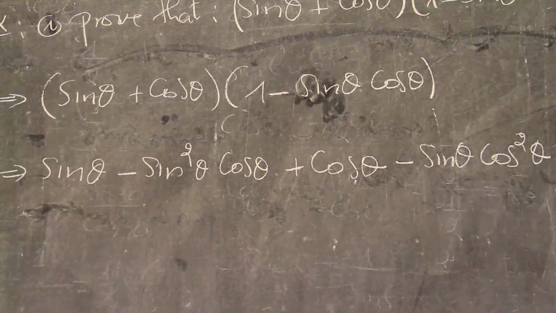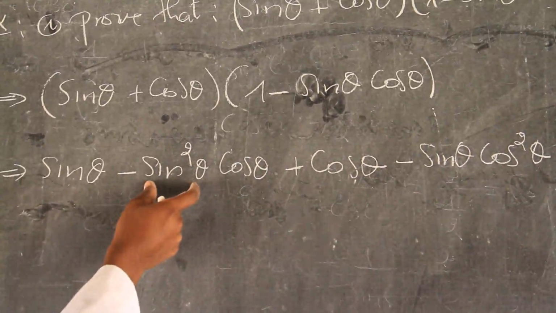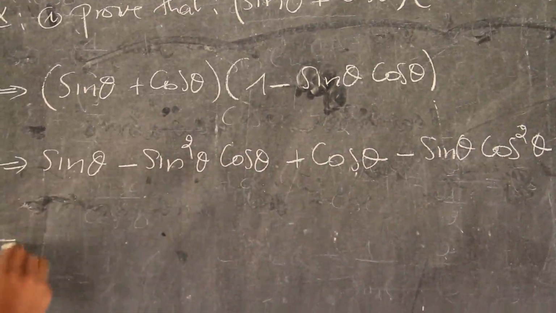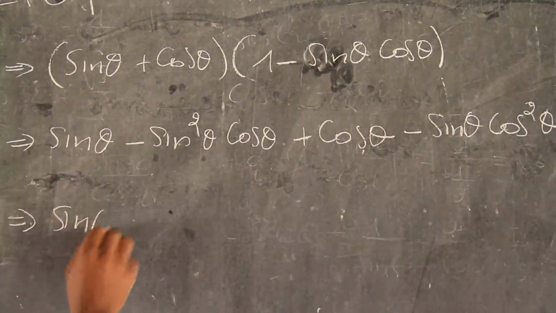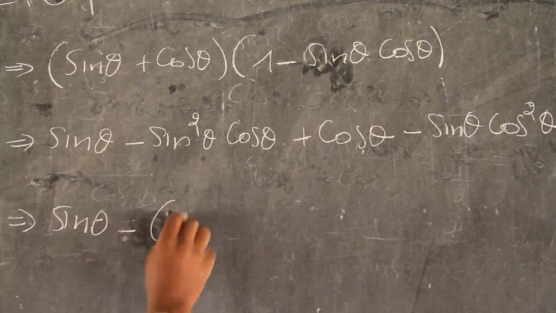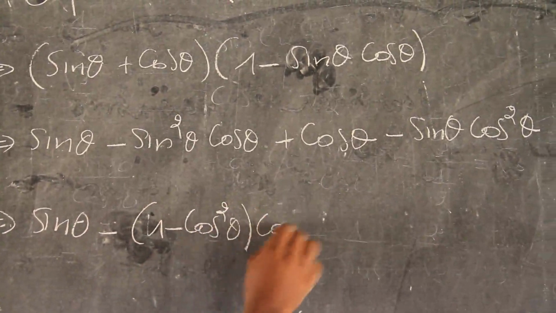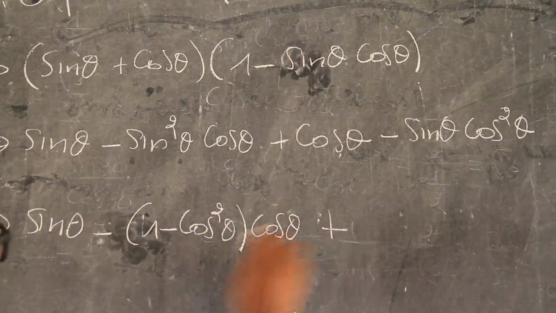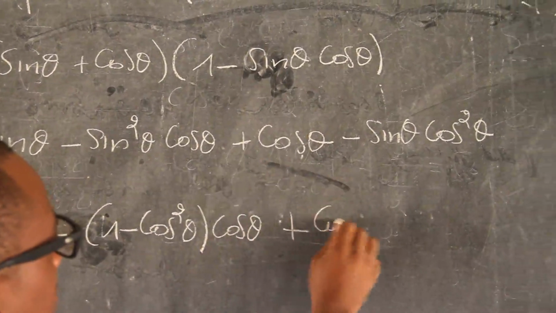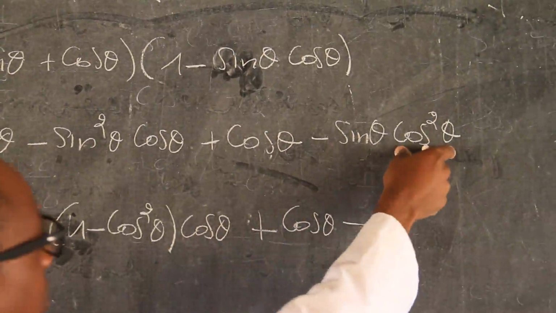So we have said that sine squared is 1 minus cos squared, and cos squared I can replace by 1 minus sine squared.